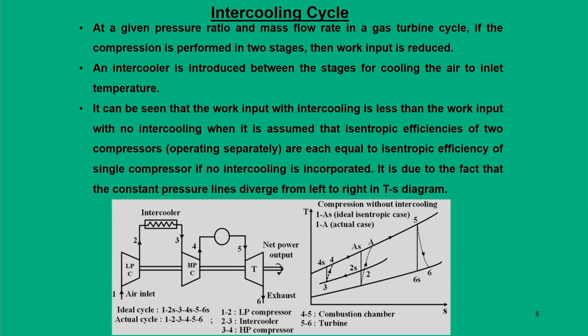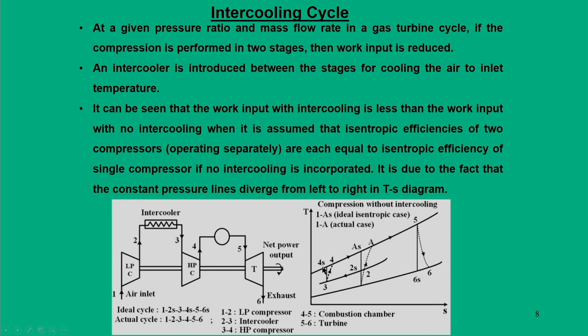So, it means that if you are using the intercooling method and assume the same isentropic efficiency for each compressor, then with this method your work input will be reduced when you go for multi-stage compression with two or more compressors. This is mainly because, if you recall the TS diagram, in the beginning the width between the pressure lines is less and it diverges as the pressure ratio increases.